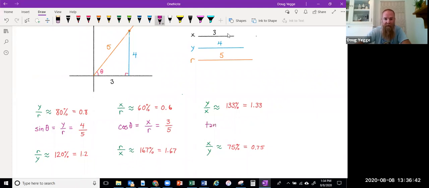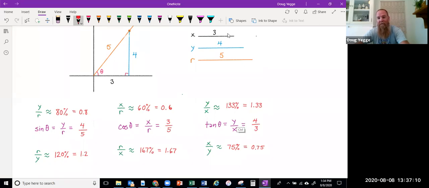Tangent of theta, by definition, is y over x. Y we just determined was 4. X we determined was 3. So we know the tangent of theta is 4 over 3. Now notice 4 is bigger than 3, so this answer will be bigger than 1. So this is actually 1 1/3, which is the same as 1.33.